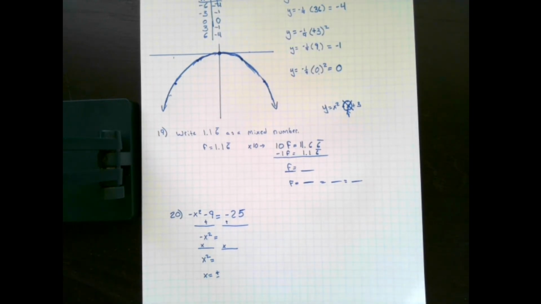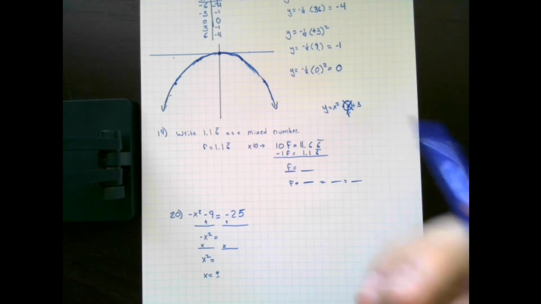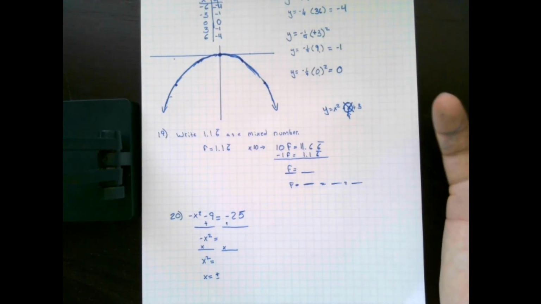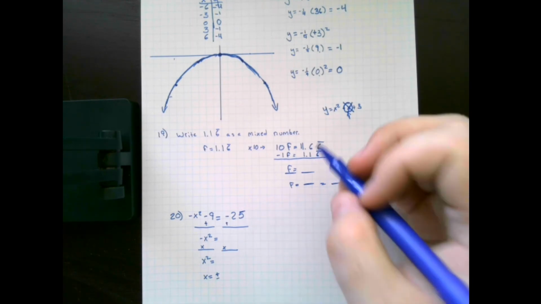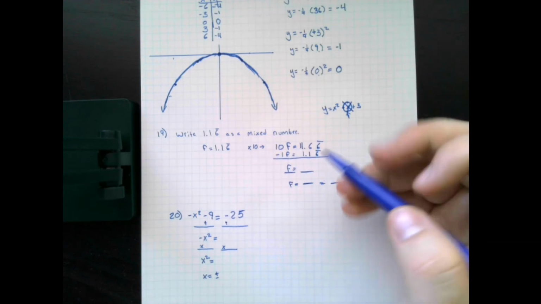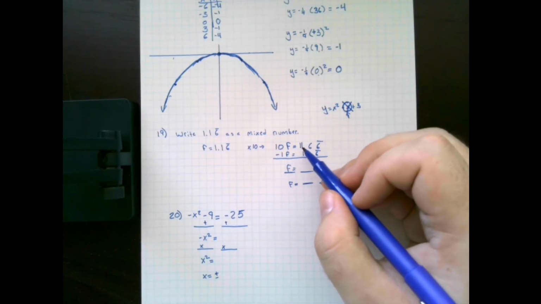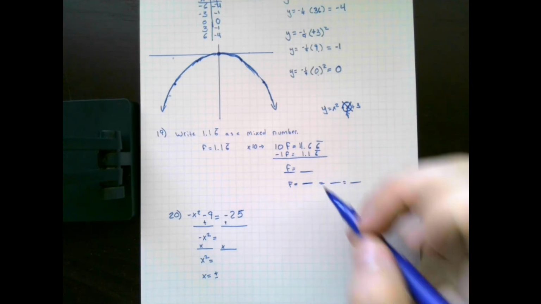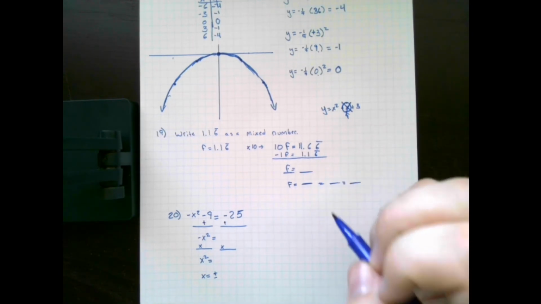Now, our penultimate starred problem, question 19, is to write 1.16 repeating as a mixed number. Well, it's got a repeating decimal, so we're going to need to use our trick for getting rid of the repeating decimal. If we multiply f equals 1.16 repeating by 10, we'll get 10f equals 11.6 repeating, because we've moved everything 1 to the left, and we've left the 6 repeating over there.